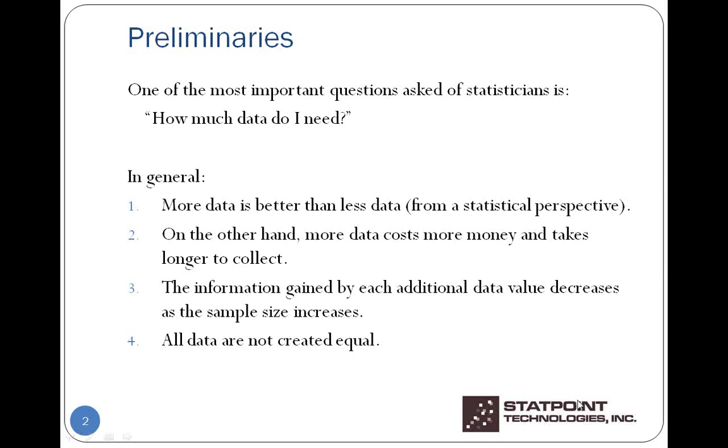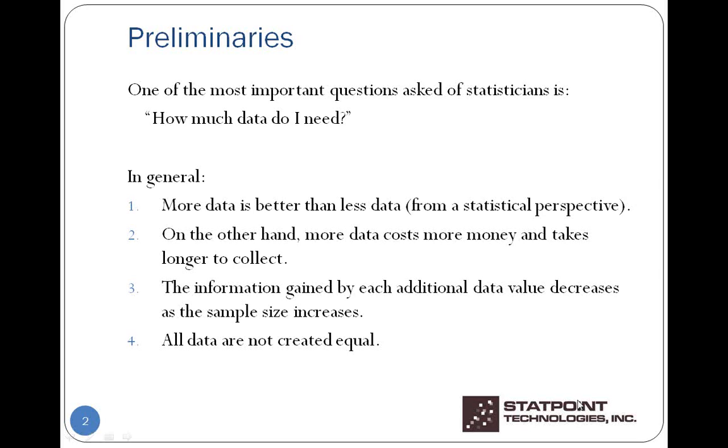Because of that square root in the denominator, it means that when I take that second observation, the confidence interval decreases a lot. When I take a third observation, it decreases a lot, but not quite as much as it did before. When I take the fourth observation, the confidence interval tightens, but not quite as much as when I took the third observation.